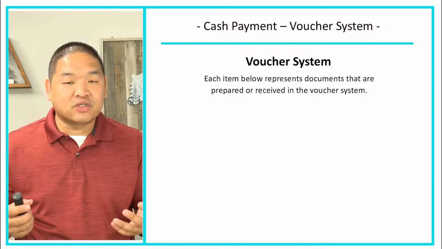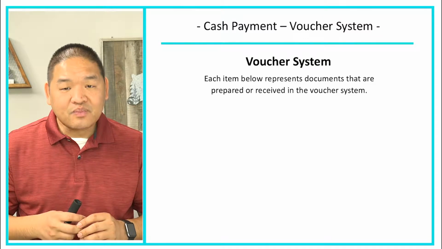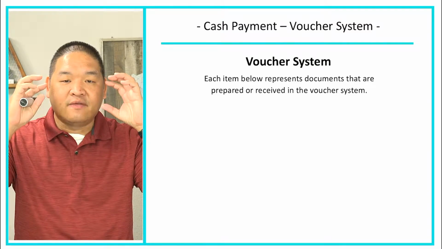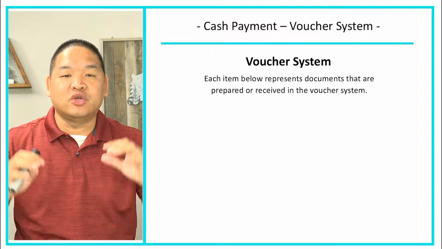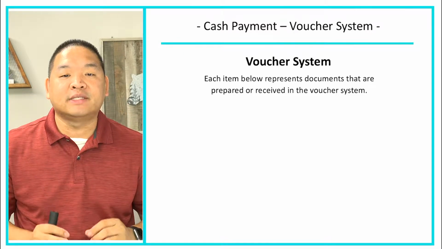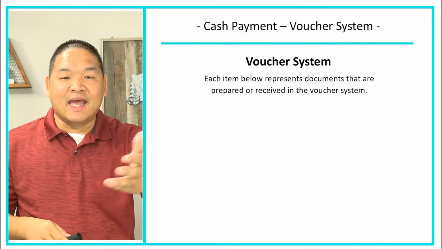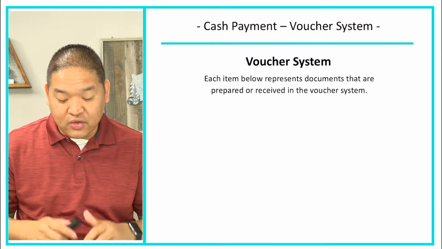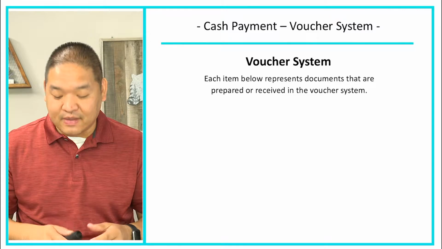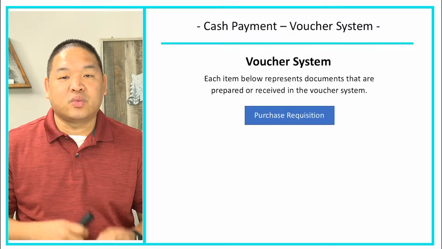Now, what is the voucher system? Well, the voucher system is actually a set of documents that must be in place. So you must have all of these documents in place in order for a check to be cut, signed, and sent to the vendor. So these represent those documents. The first one here is a purchase requisition.